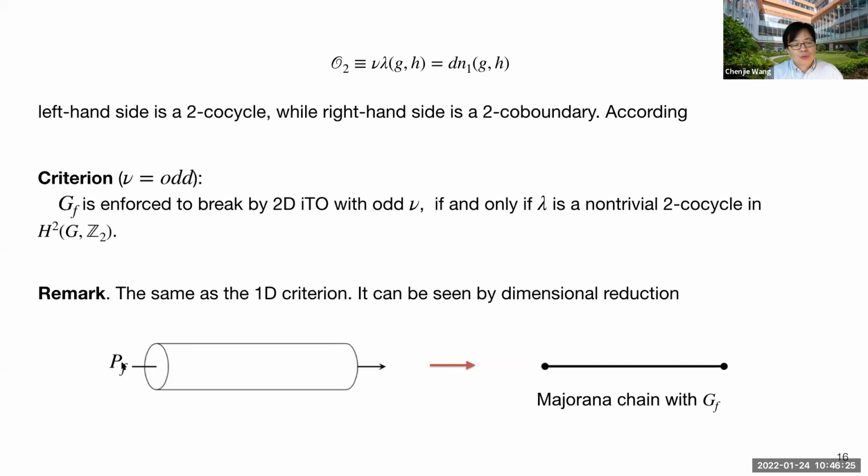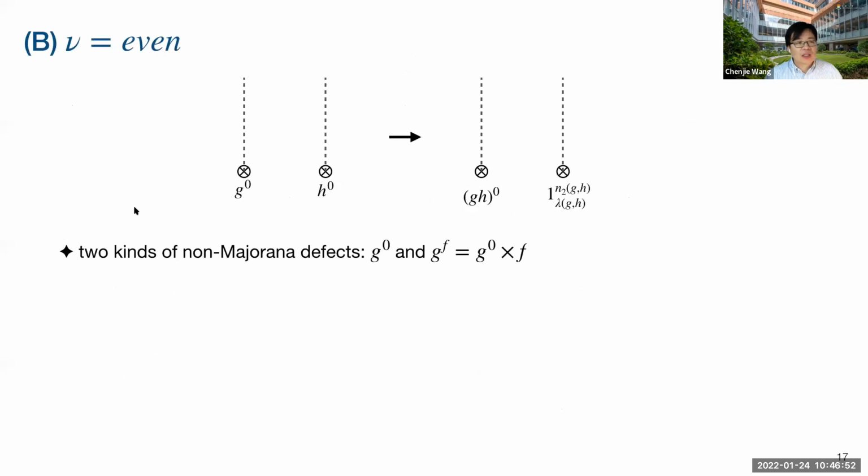Because for odd nu the fermion parity flux carries a Majorana zero mode, you actually have a zero mode at both ends. If you do dimensional reduction, you reduce it to the 1D Majorana chain. By a similar argument to the 1D case, you obtain the same criterion, even though the physics behind these criteria is slightly different. That concludes my case for odd nu.